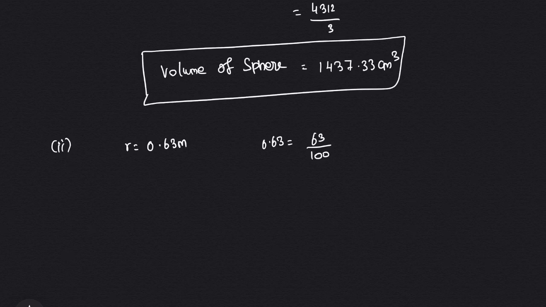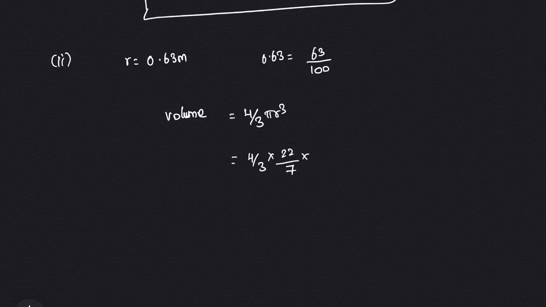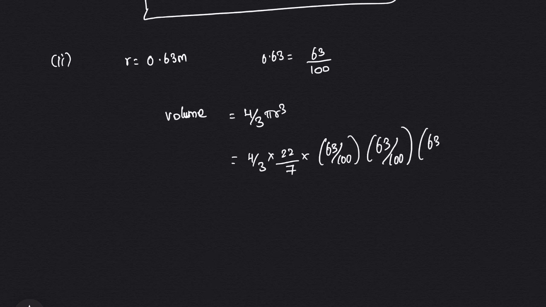So just replacing values, the volume is equal to 4 by 3 pi r cube, so 4 divided by 3 into 22/7 into the r value 63/100. If you feel fractions are better, you can do it directly like this.